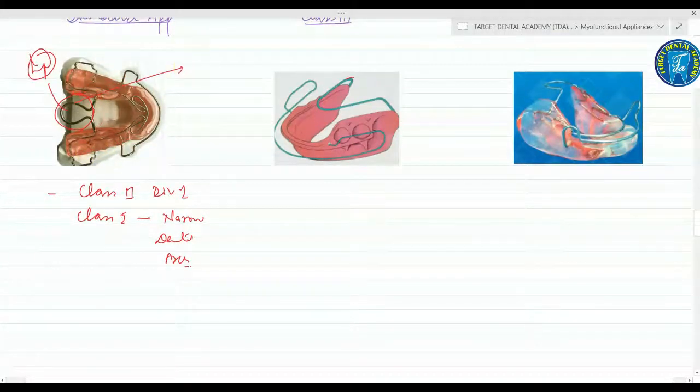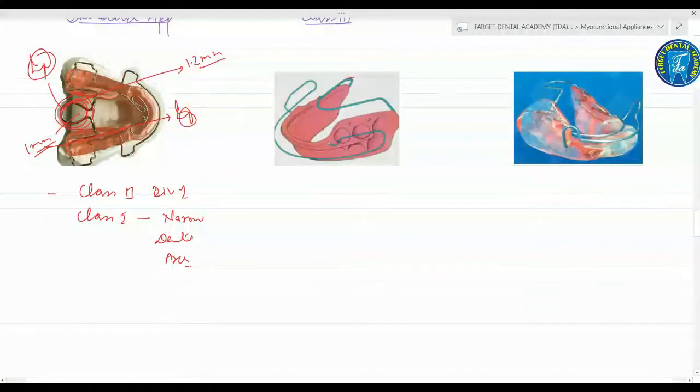The palatal arch or the palatal bow is made up of 1.2 mm diameter wire. The palatal arch is kept 1 mm away from the mucosa. Important point. Fine. I'm writing over here.